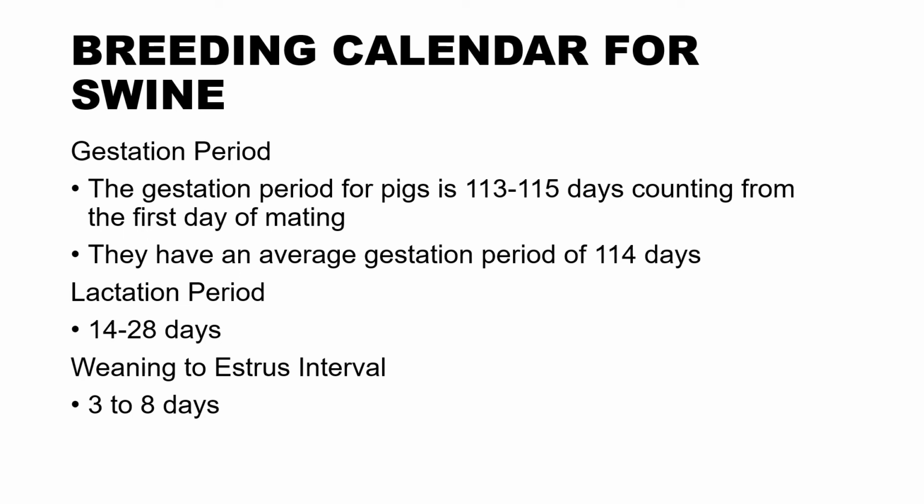You know that already. Then, for the lactation period, it can be as early as 14 days or as late as 28 days. That depends. And then the weaning to estrus interval: after you wean the animals, it can be as early as 3 days or as late as 8 days before there are signs of estrus in your sow, or signs of heat, so that you can breed her again.